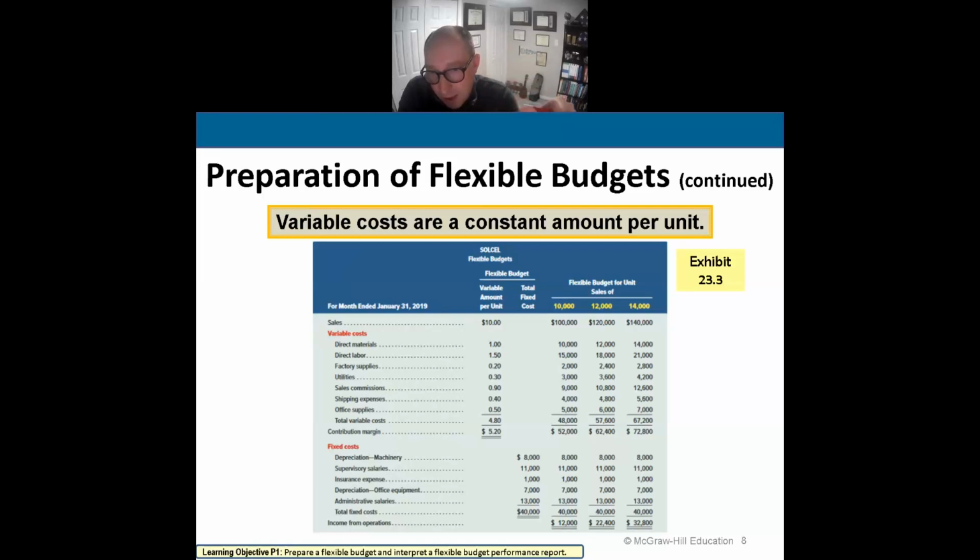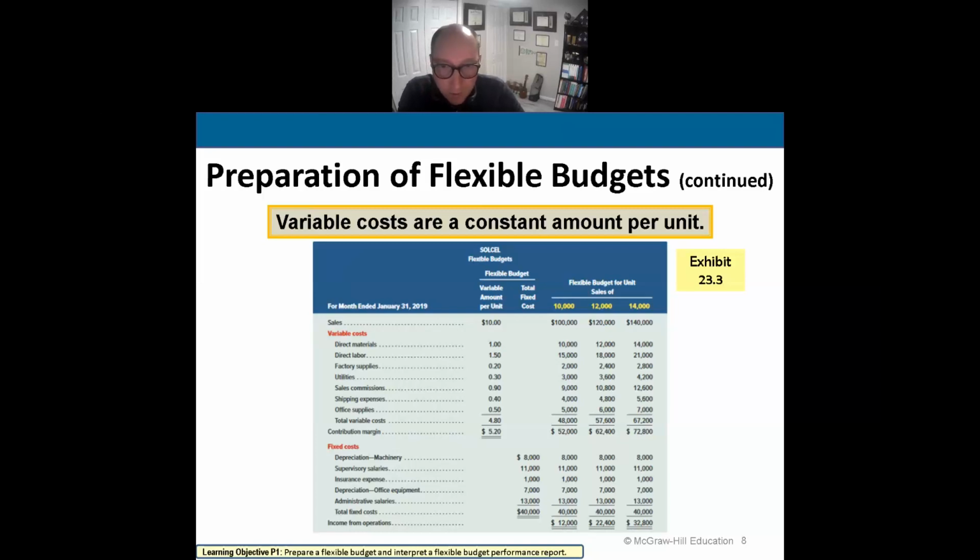What this does is it allows for my variable costs to be flexible to budget, right? So it helps a lot to do this because this allows for variation. It allows for the business to be flexible.